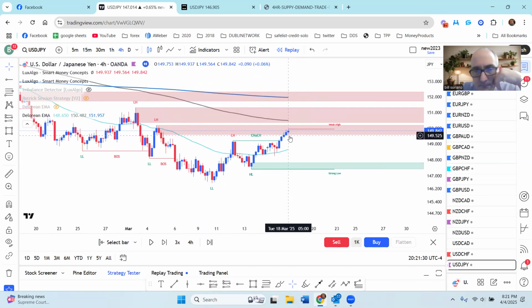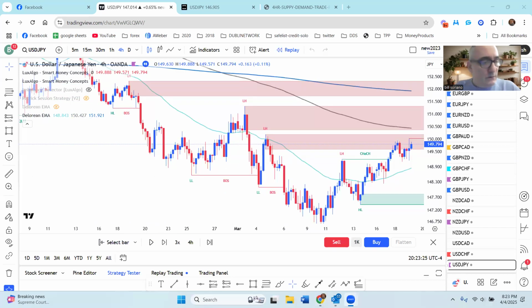This is, let's see here. Okay, guys, this trade here, I'm gonna take it back a little bit further than before I got in it, just to show you something here.